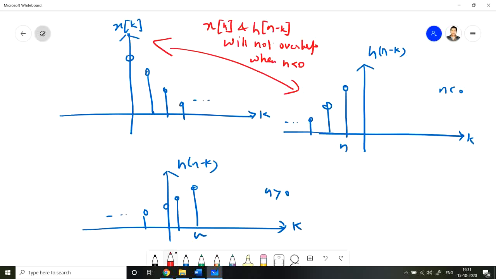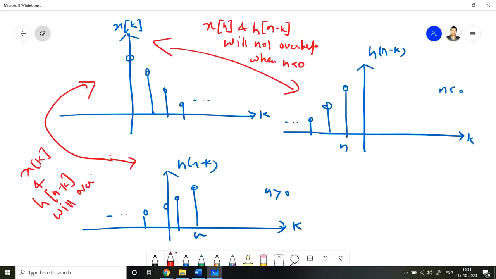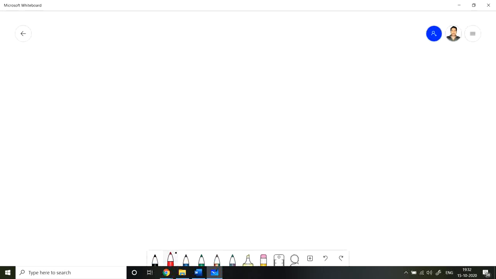And we can see from these two plots that x[k] and h[n minus k] will overlap when n is greater than 0. So let us do that.